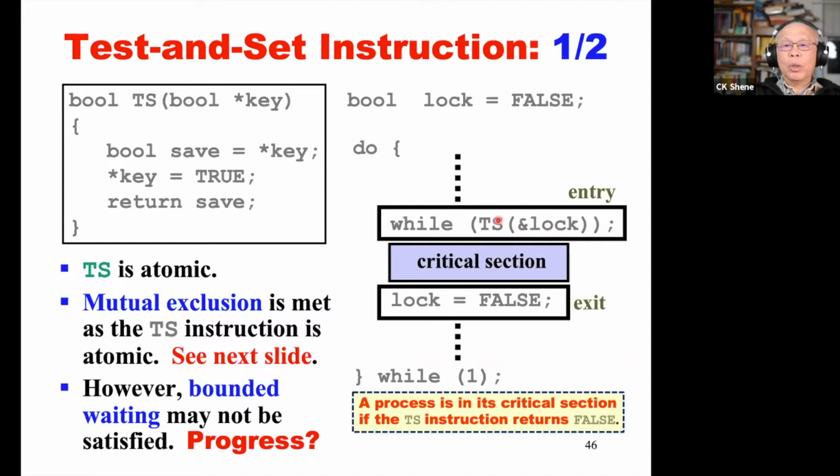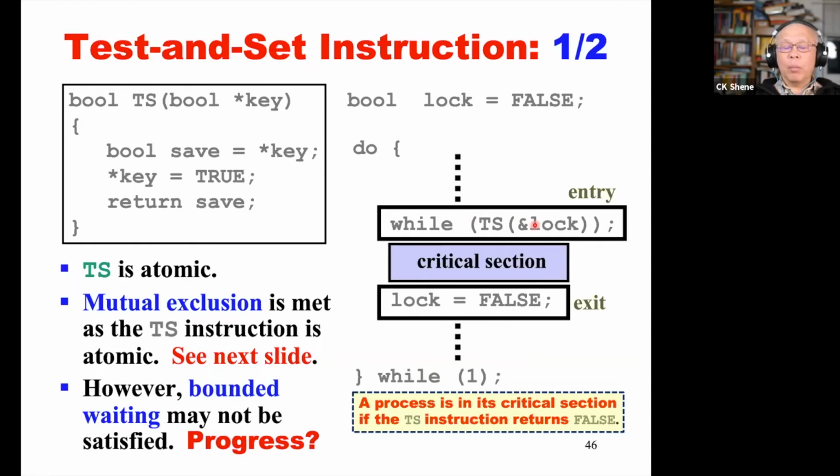So when I execute TS, the TS instruction puts the second true value into lock and returns the value you saved to lock to me. So I am looping. In this way, mutual exclusion is sort of established.